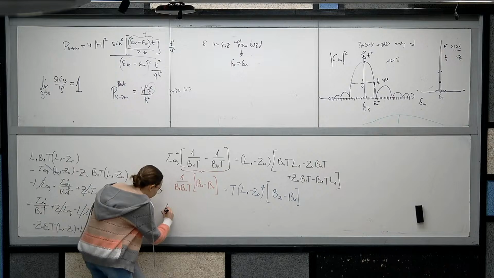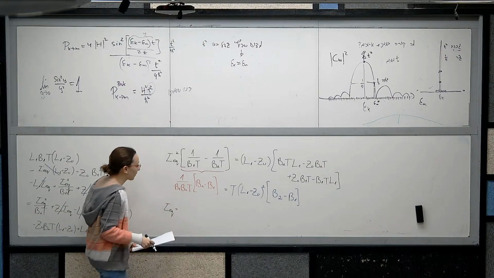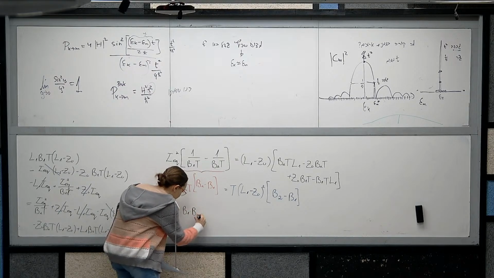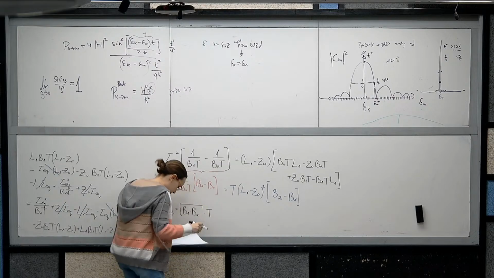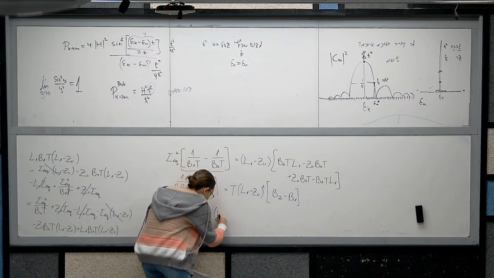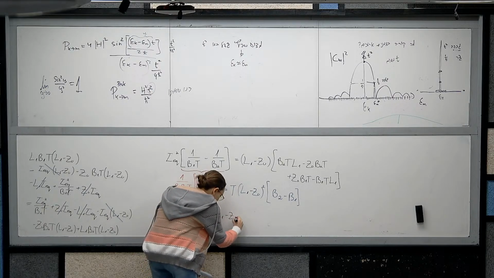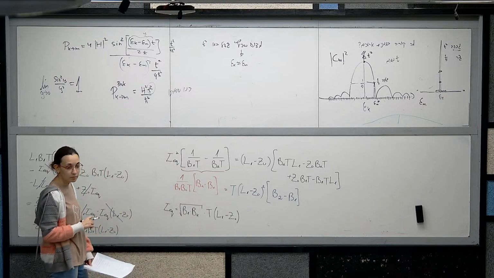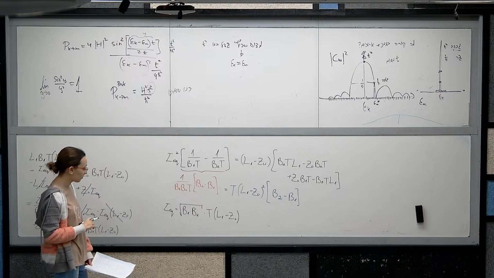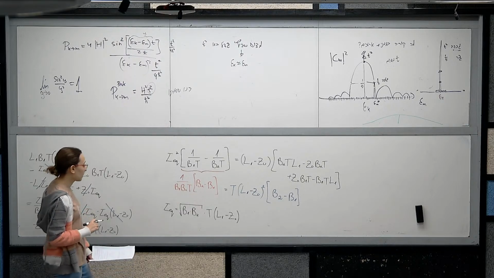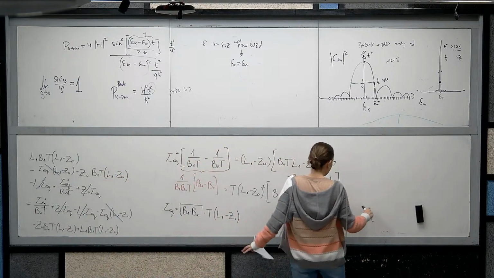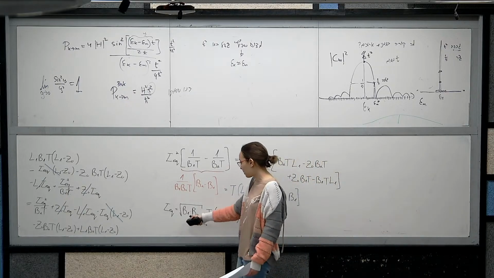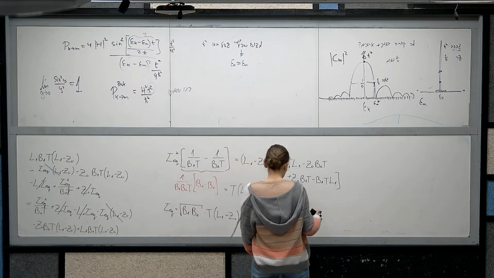So our tau equilibrium will be equal to the square root of B1 times B2 T, L1 minus Z0. Wait, this really reminds us of the original equation of tau for both phases, but here we have a game between the B1 and B2 constants.